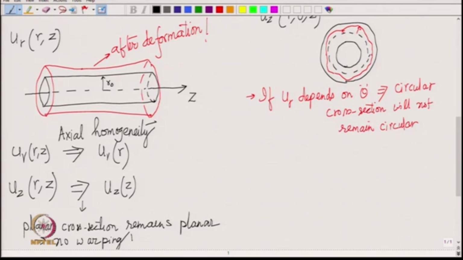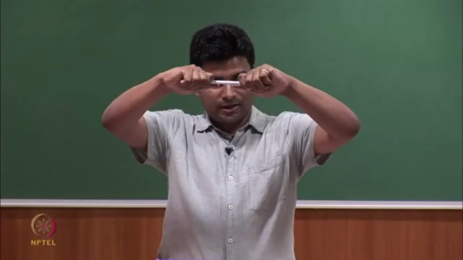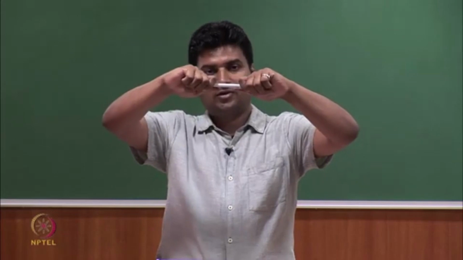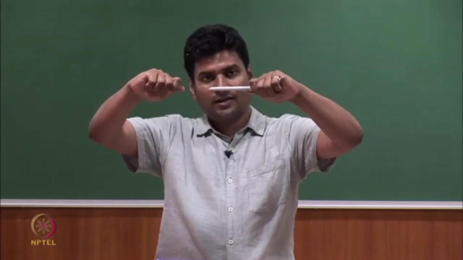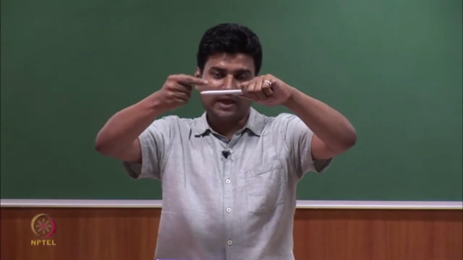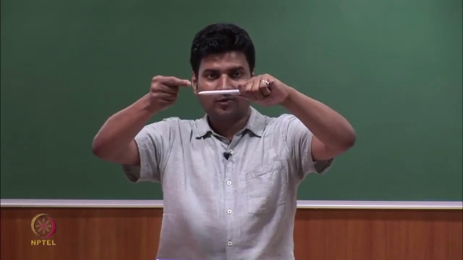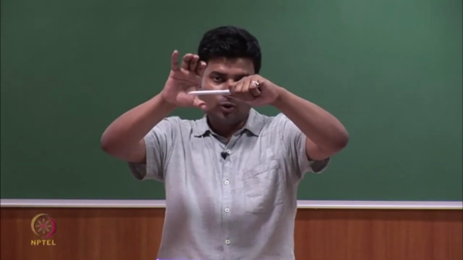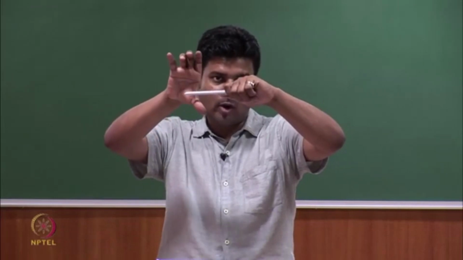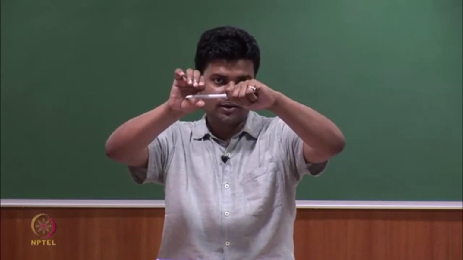Now, let us think about u theta. Okay. What can we say about u theta? First of all, again think of this cylinder and you are just stretching the cylinder. When you stretch the cylinder, it is going to generate axial displacement for different points and also radial displacement due to Poisson's effect, because the radius is going to shrink.